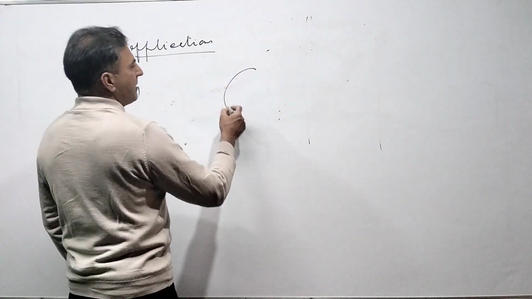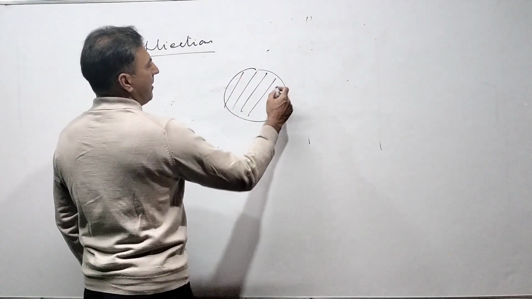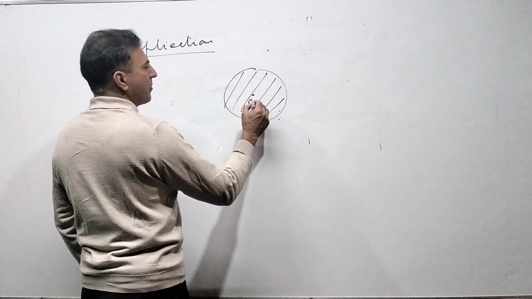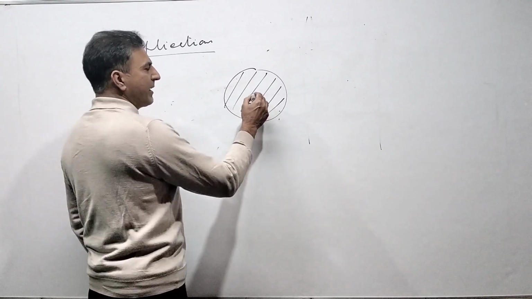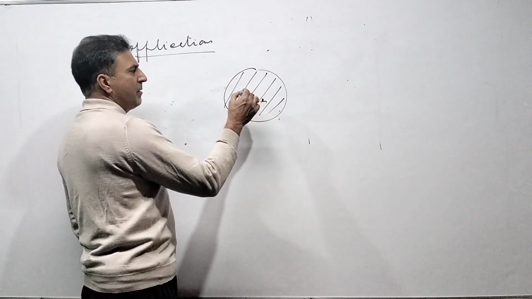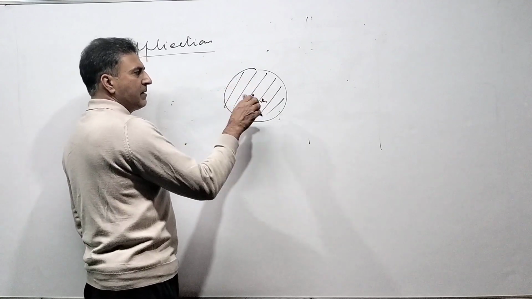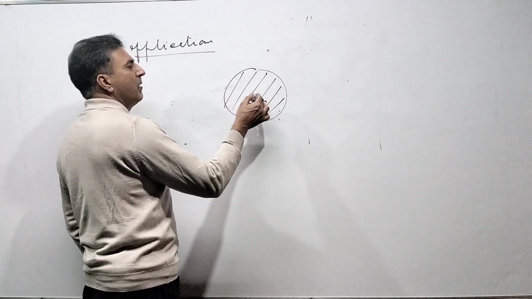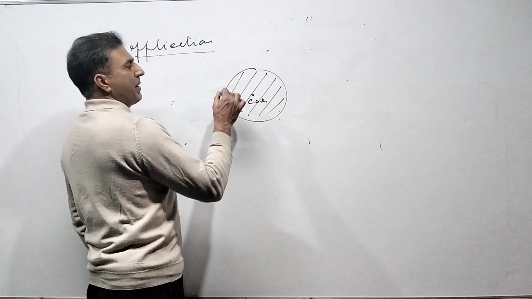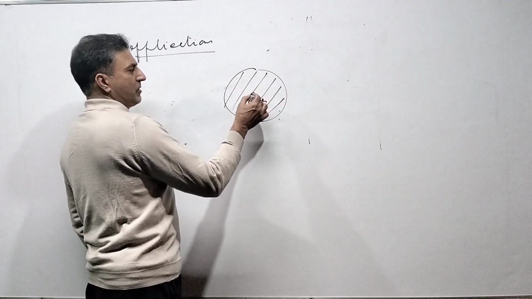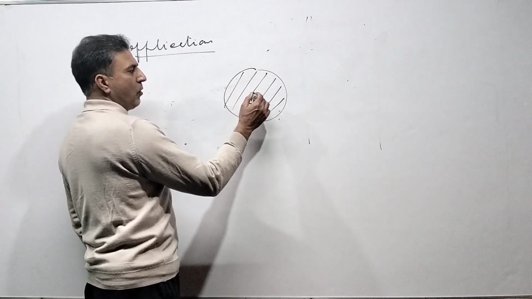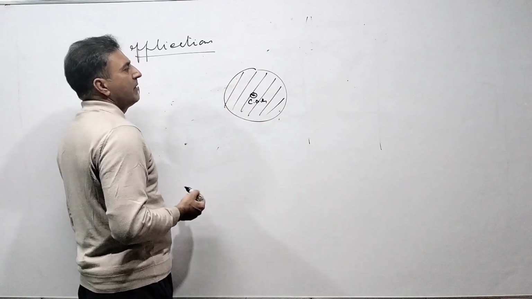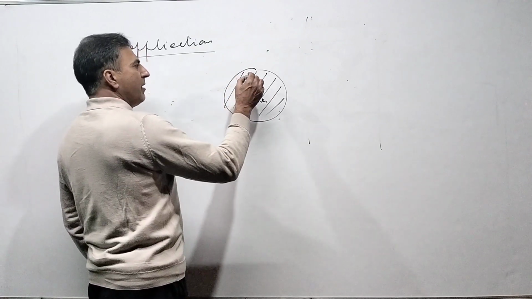Suppose that it's a disk here, and I know the moment of inertia of the disk about the center of mass. But again, the center of mass axis is perpendicular to the plane of the disk and also perpendicular to the plane of the board. So I will write something like outward axis, out. So I make a hole here in the disk.